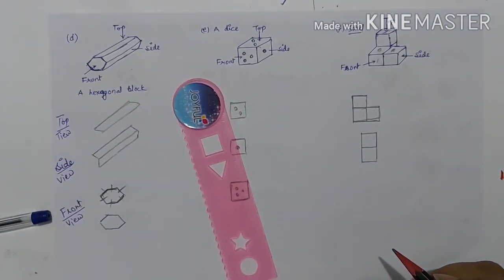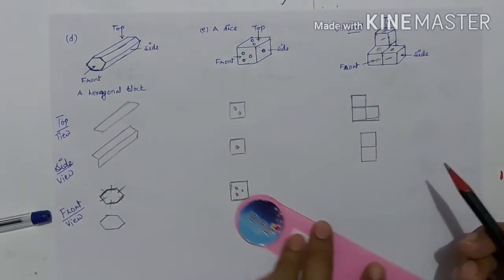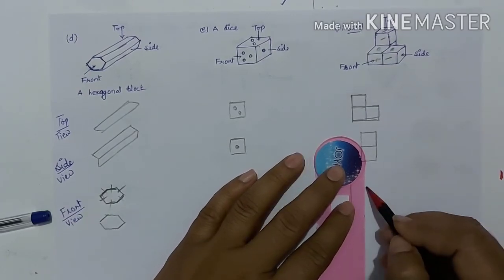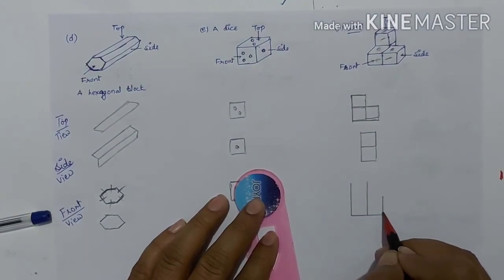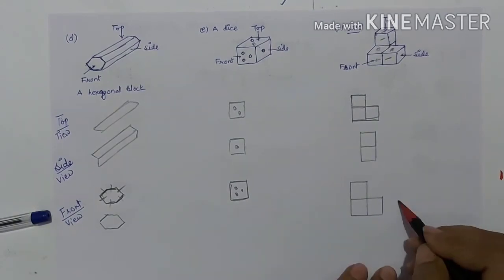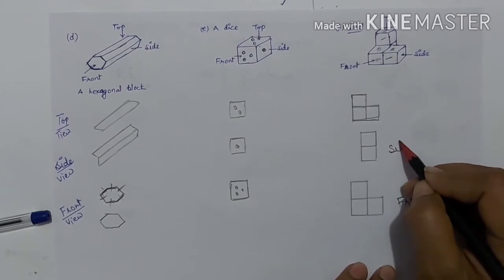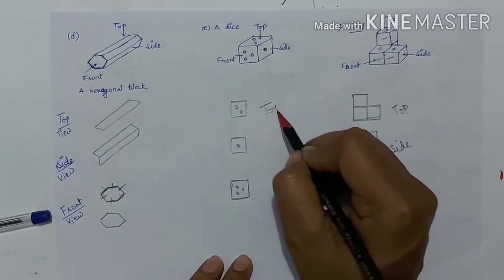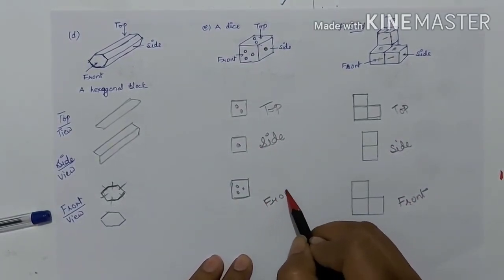Okay, and front is 2 and this is the one front. Okay, this is the front, this is the side, and this is the top. Similarly, top, side and front view.